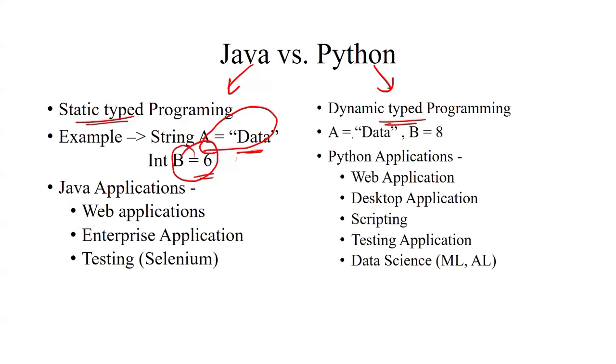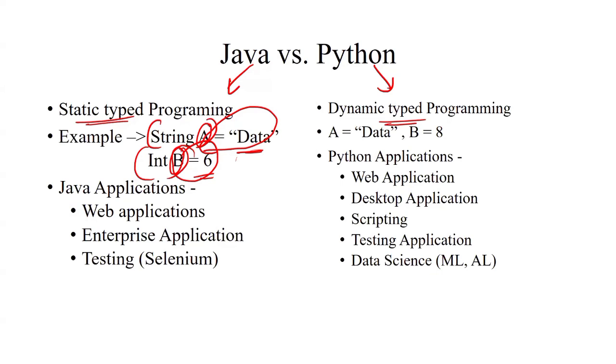But here what is happening? Before we even assign, we have to tell what type that variable is. Am I going to assign a string value? Am I going to assign an integer value? Am I going to assign a decimal value? I need to clearly define it before using.